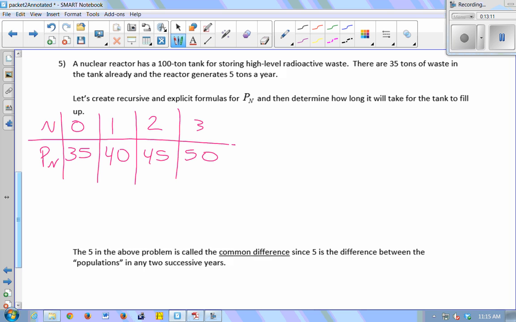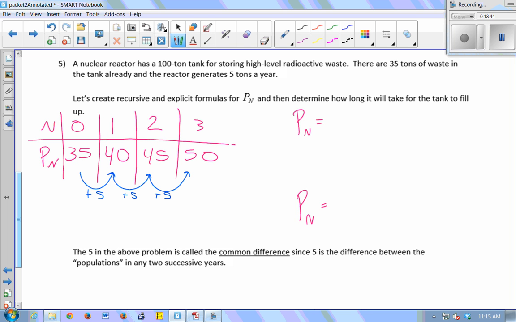So if I want to write a recursive and an explicit formula, I'm going to write 2 different formulas that represent the exact same thing. Just one is going to use previous numbers in the list. So a recursive formula looks at the relationship between P sub n's, right? What's my relationship here? Plus 5, plus 5.